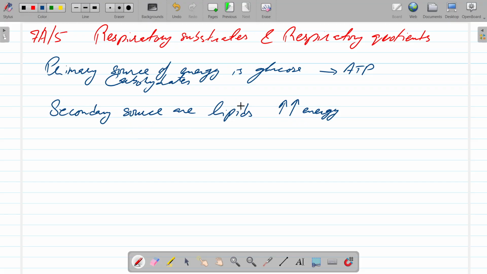And that is a reason why in mammals, or many animals, not necessarily mammals, lipids are used as an energy reserve.